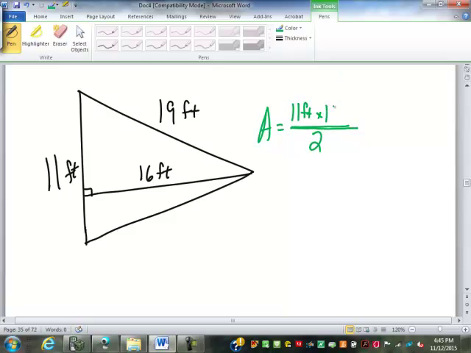The 11 and the 16. Very good, because they are the ones that are perpendicular. Giving us 88 square feet, or feet squared.